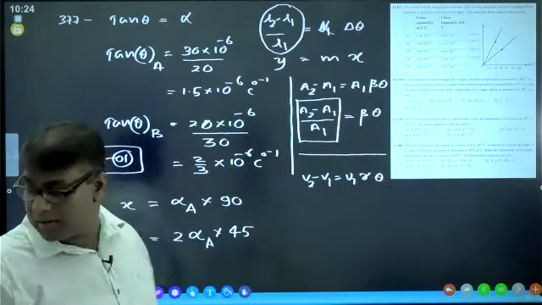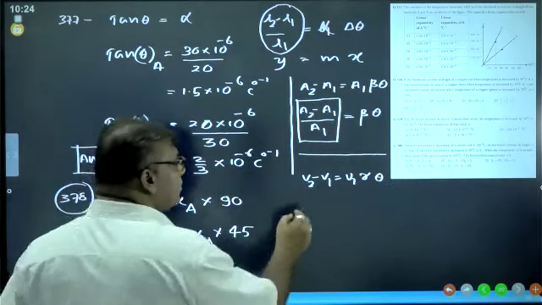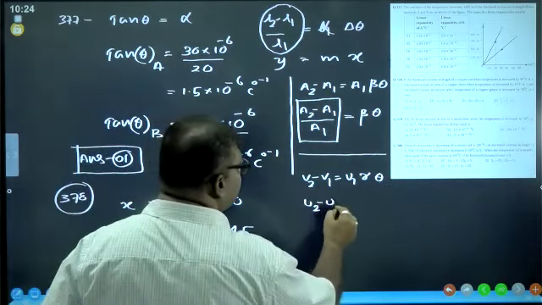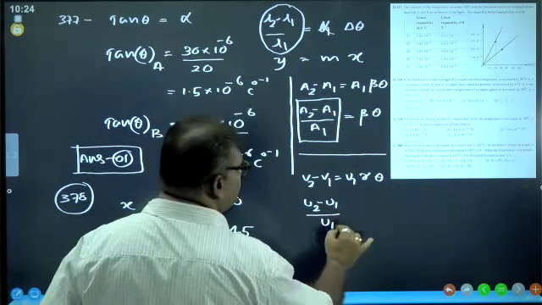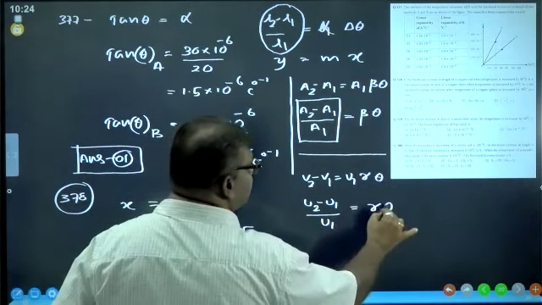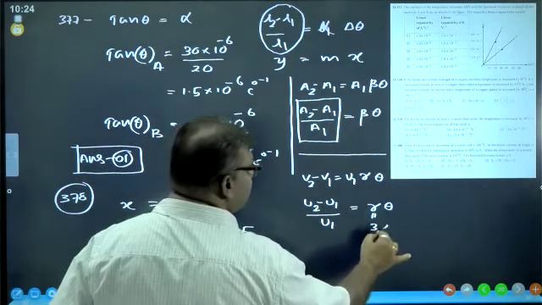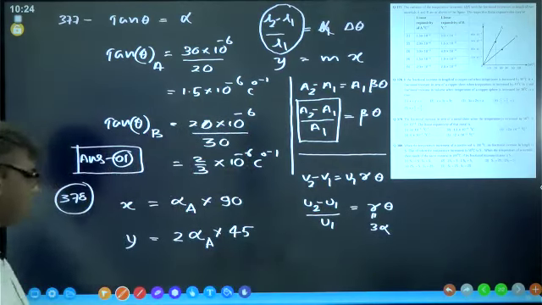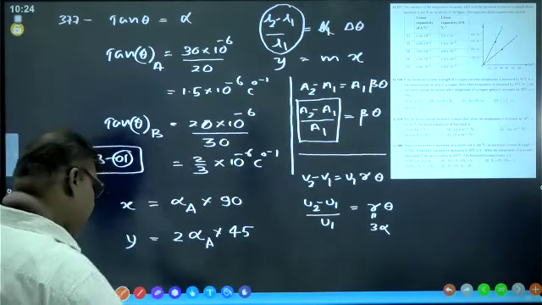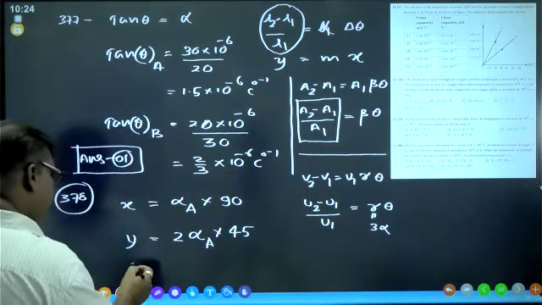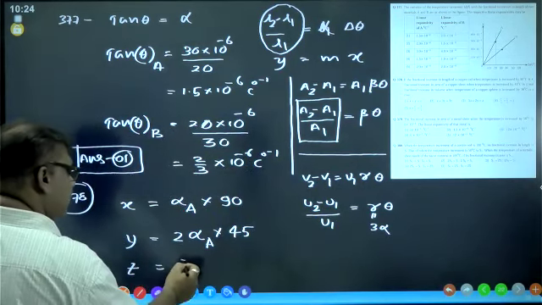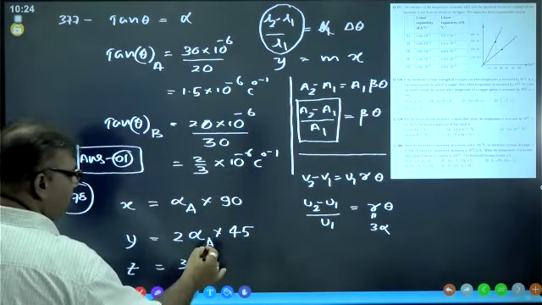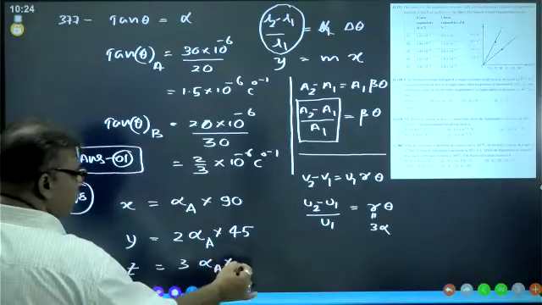So (V2 minus V1) over V1 equals gamma theta. Gamma equals 3 alpha. Then you can say that could be Z, no? Z equals 3 alpha A into 30.